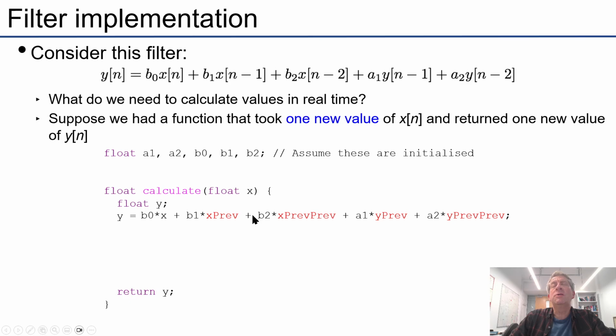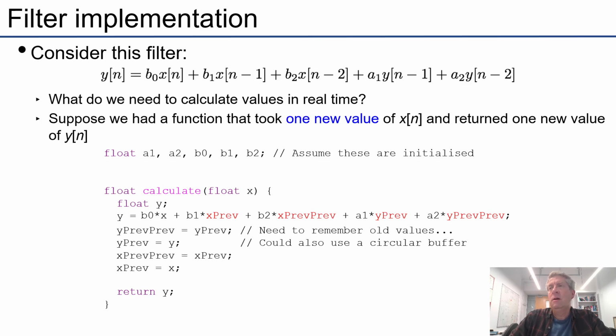And then after we do this, we need to shift all of our y's and x's. And that's what's done here. The new value, for instance, of x previous is what was currently x. And the new value of x twice previous is what is currently x previous, and so on. We shift everything.